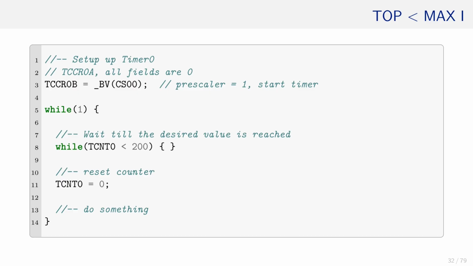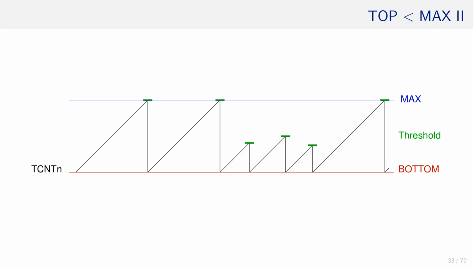So we continuously check the value of, for instance, TCNT0, and once it crosses the desired threshold, we reset the TCNT register and do what we plan to do. That means the sawtooth waveform becomes like this. Depending on the threshold, the teeth are more or less sharp.